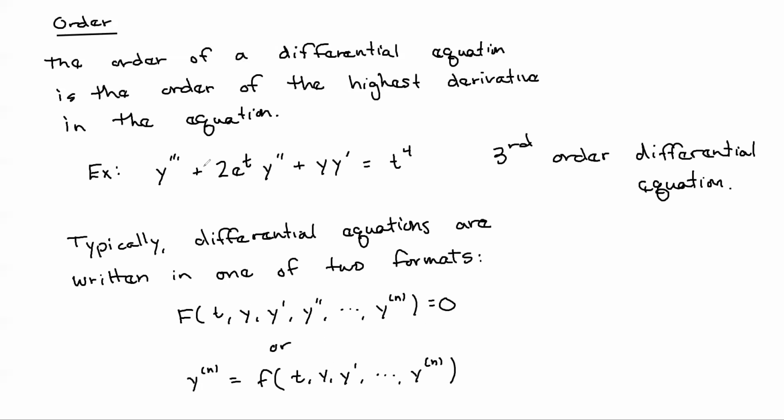I say one of three forms because there's also a format where the function that does not contain the dependent variable, the function that's just in terms of the independent variable, is on one side, and the functions that contain the unknown function that you're trying to find are all on the other side. So essentially, it would be this, except you would take the t function and move it over to the other side. So that's really the three different formats. Either you have y of n by itself, and then the rest on the other side, you have everything on one side, or you have everything on one side except for the t function, which has been moved to the other side. That's what we have here.